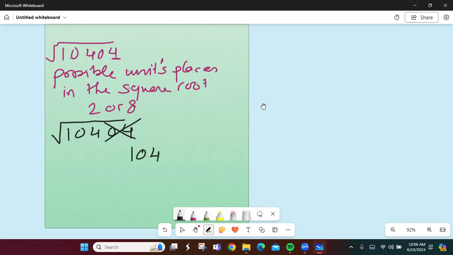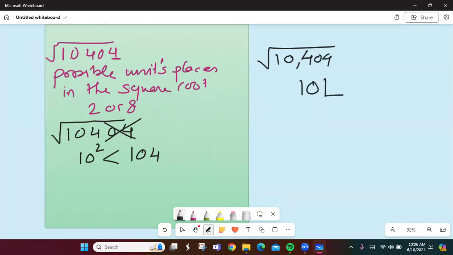Now the nearest perfect square that is just less than 104 is 10 square. So the square root of 10,404 will begin with 10, and I have to select the proper units place.